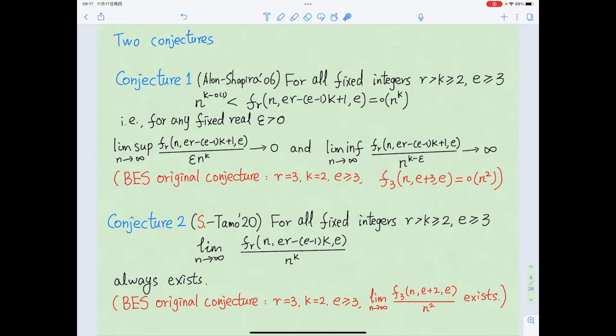This conjecture is formulated by me and Tamo in a joint paper, but this is not the original conjecture of BES. Again, the original conjecture of BES only asks whether a limit exists for r equals 3 and k equals 2. They ask if a 3-graph in which the union of any e edges contains at least e plus 3 vertices, then this limit exists. So these are the two conjectures concerning the function f_r(n, v, e).